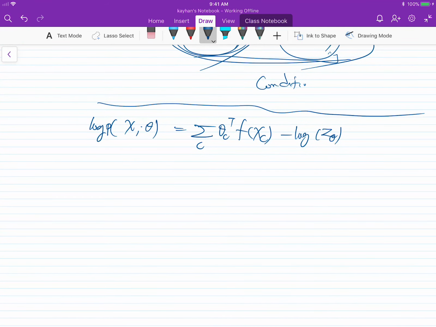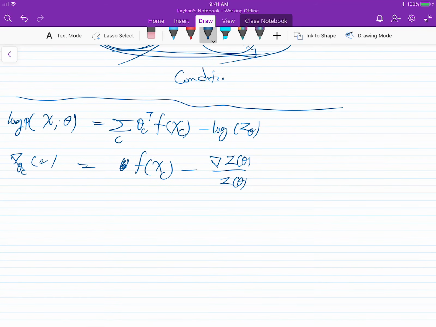Okay, so if I take a gradient of that with respect to theta c, I get f_c of x_c.